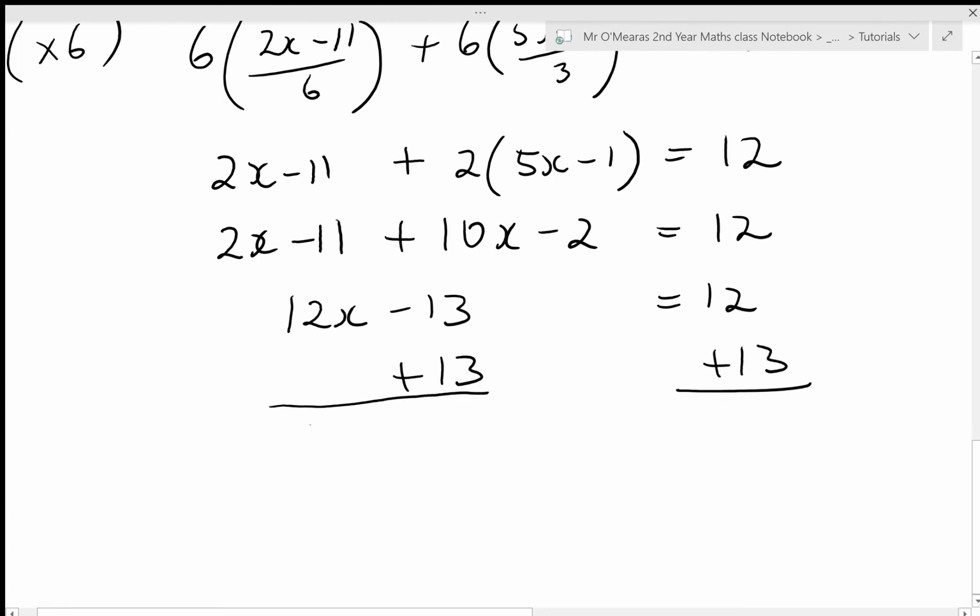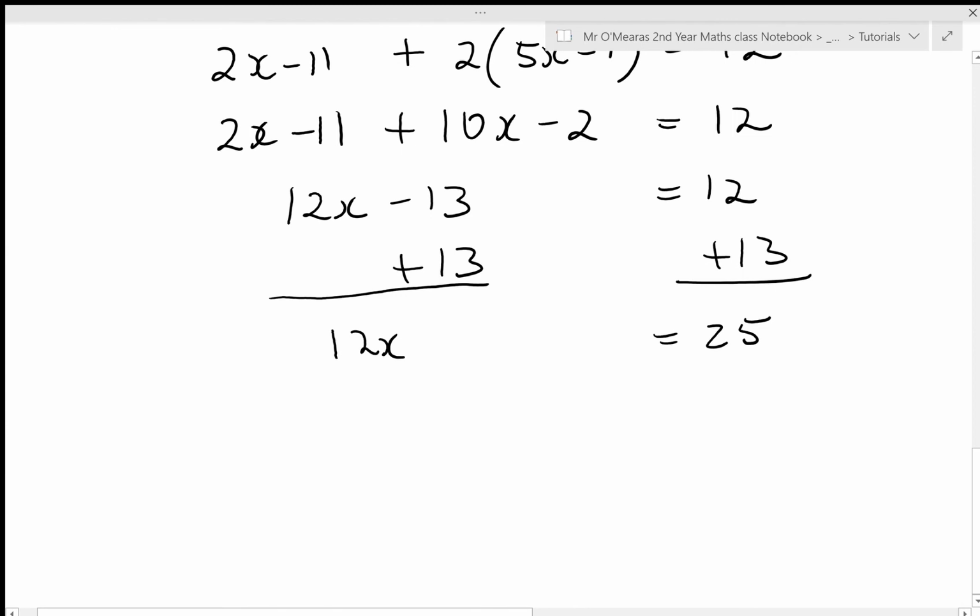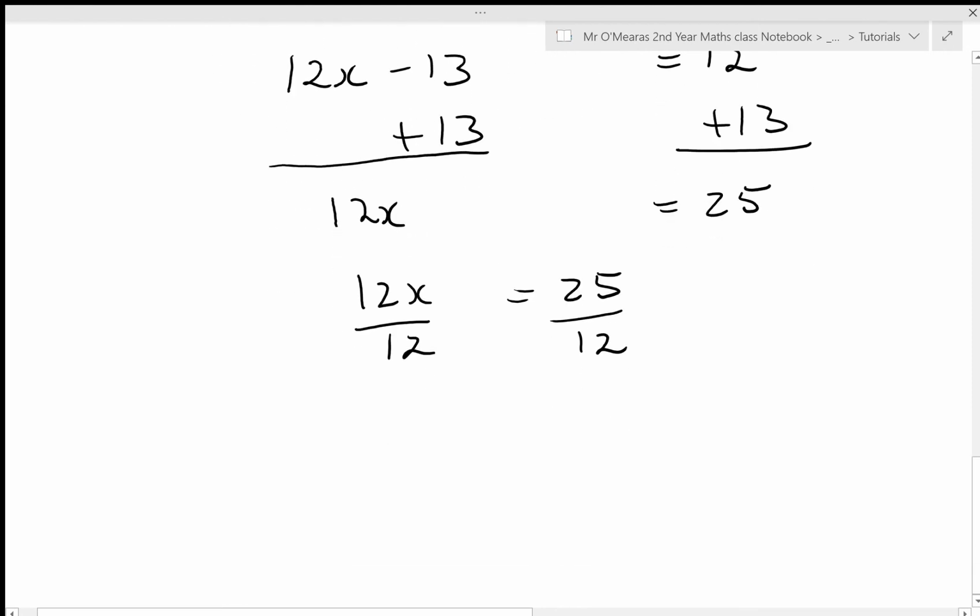That gives us 12x equals 25. Again, 12 and x are connected via multiplication, so we divide both sides by 12, because that's the inverse operation. You end up with x equals 25 over 12.